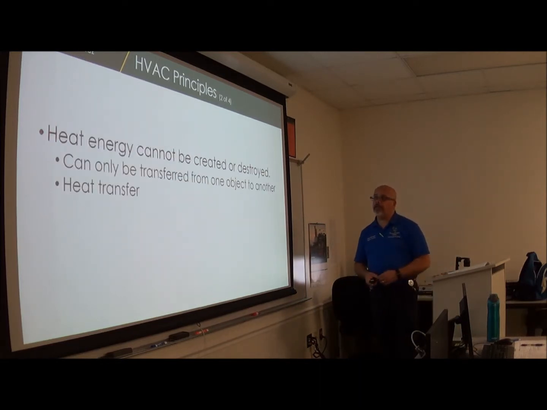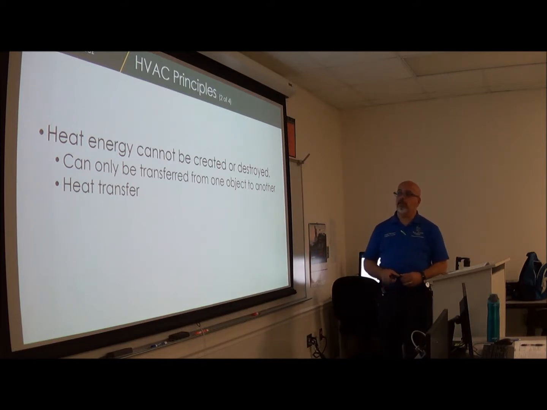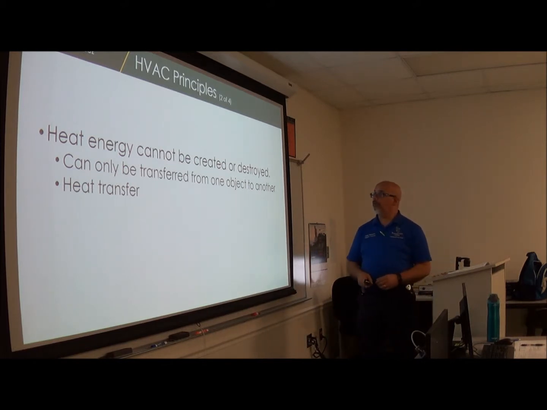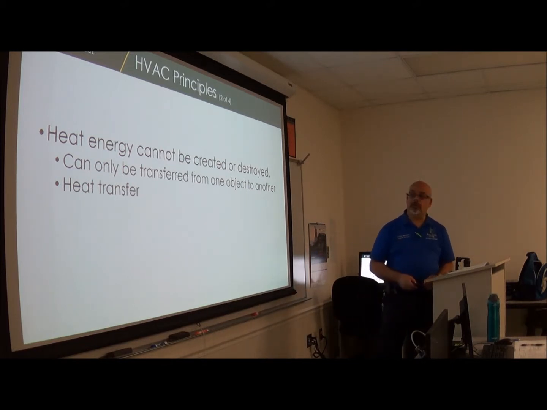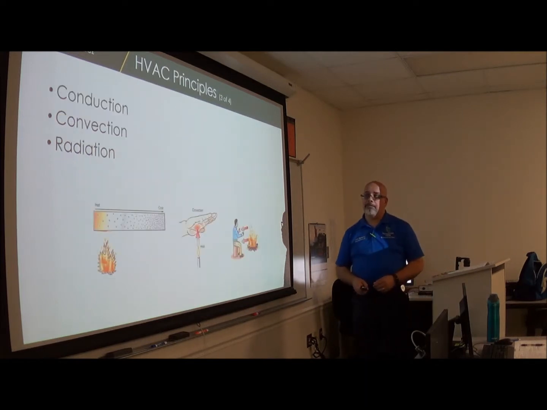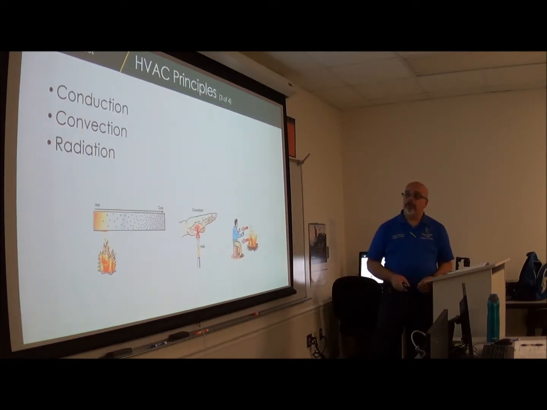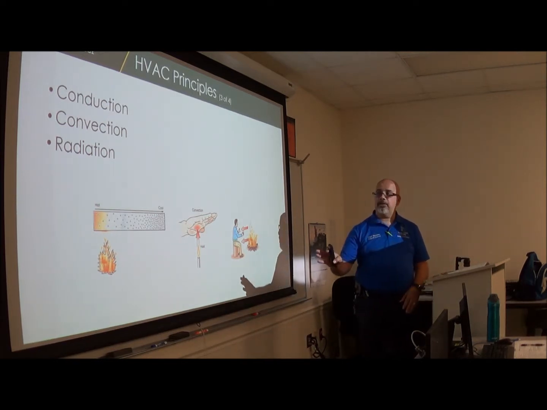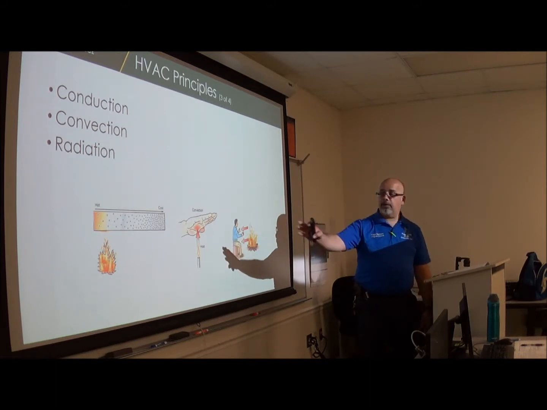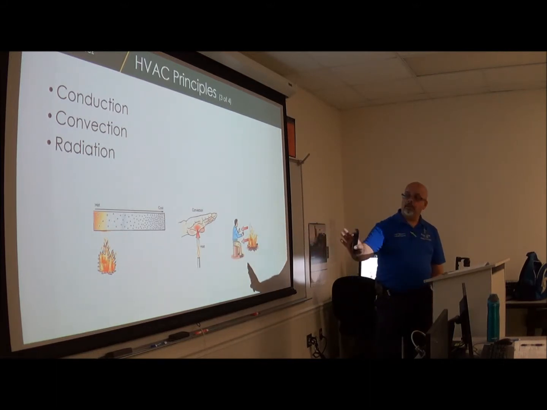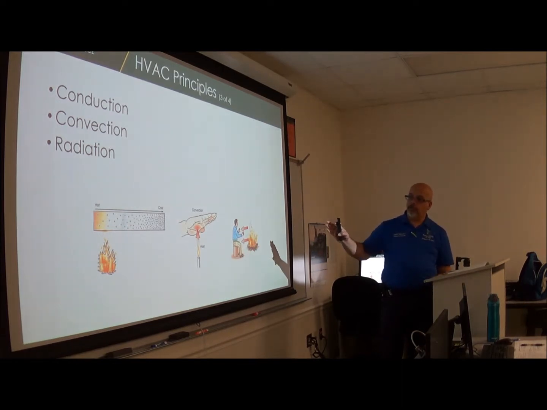Heat energy cannot be created or destroyed, it can only be transferred from one object to another. That is called heat transfer. When we look at the three ways that heat can be transferred, we're looking at conduction. An example that we're using here is a piece of metal where the heat is only on one side, and it will be conducted through that whole piece, even though it's cooler on the other side.